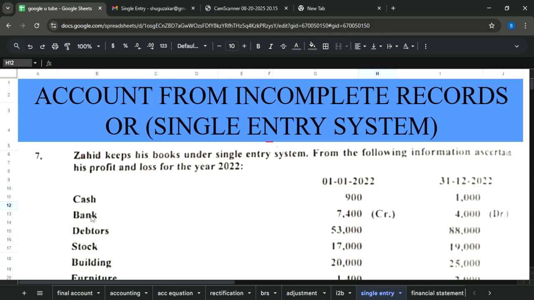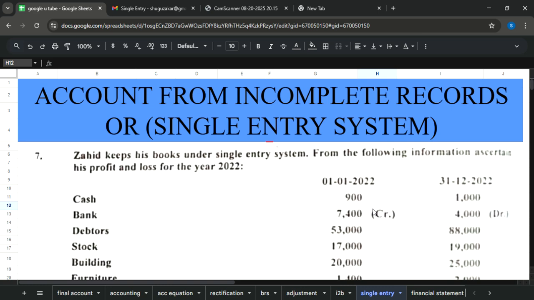Second is your bank. But please note what is written over here. The amount of bank is 7400, but assets are to be debited. Assets are always present on the debit side, but this bank account is related to the credit side, so it's an overdraft in bank.